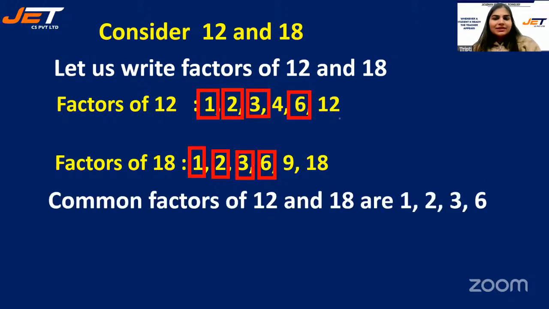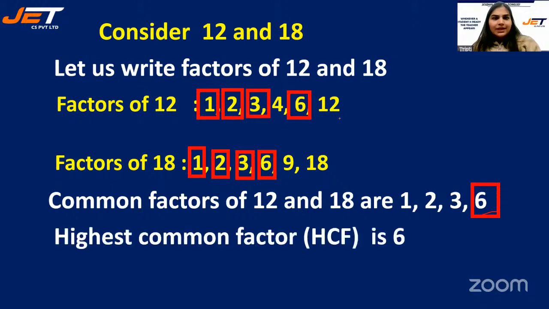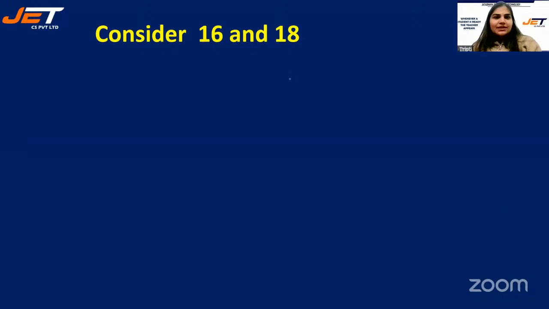Highest common factor is 6. Next, consider 16 and 18.